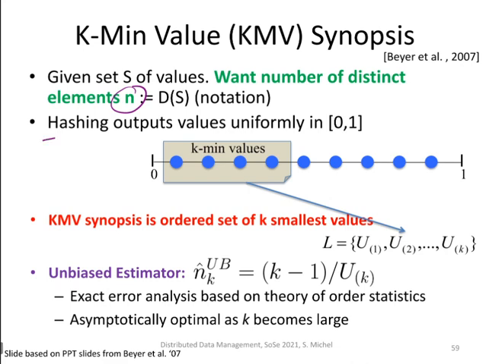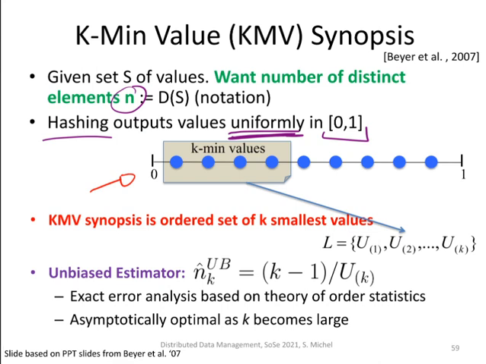We have a hash function again, and this is an important property: it maps the values uniformly into the interval 0, 1. This can be illustrated as is done here. We have the interval 0, 1, and these blue dots are our values, which are mapped to 0, 1.